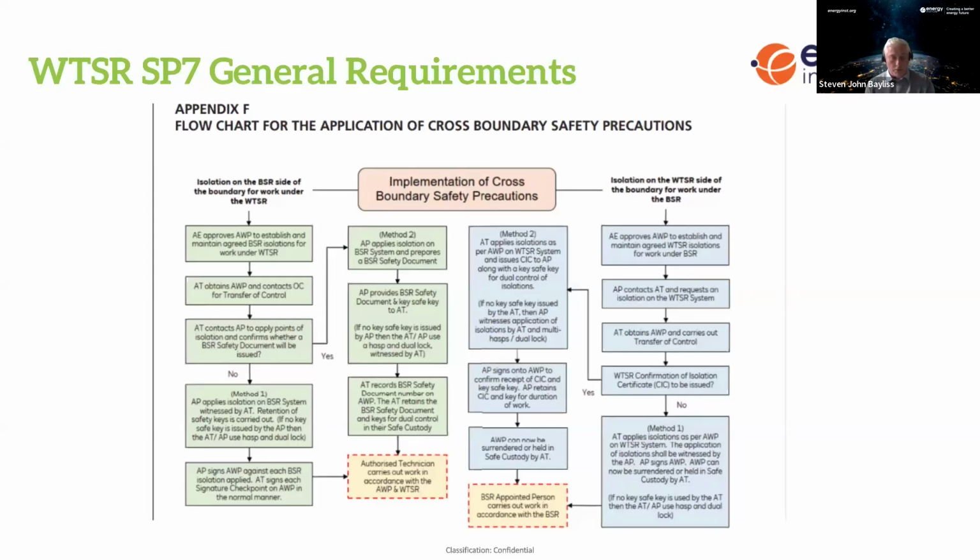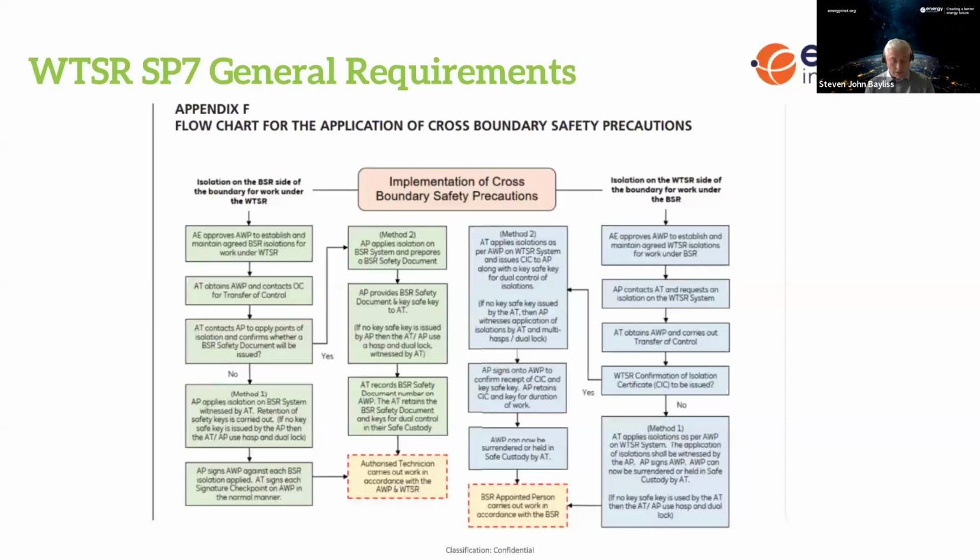So following the flow chart through, the AE approves the AWP to establish and maintain agreed boundary safety rules isolations for work under WTSR. The AT then obtains the AWP and contacts the OC for transfer of control.